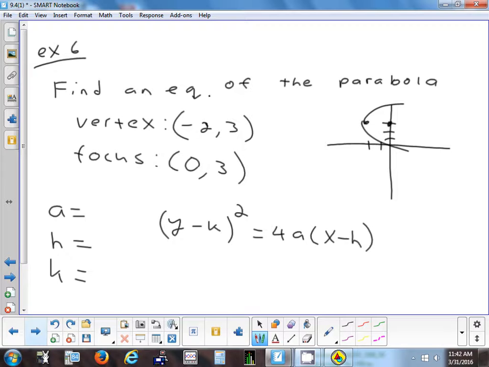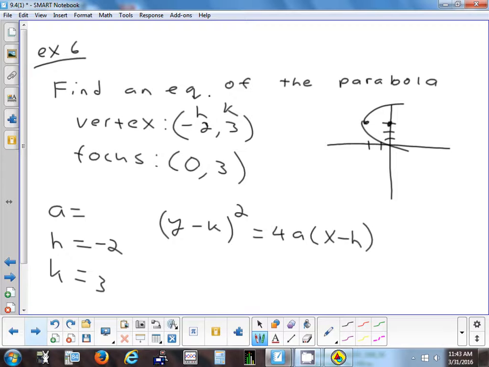Since this opens to the right, what's the format for the vertex? What are the order of the letters? HK. So H comes first, K comes second. Always. So what's H? And what's K?